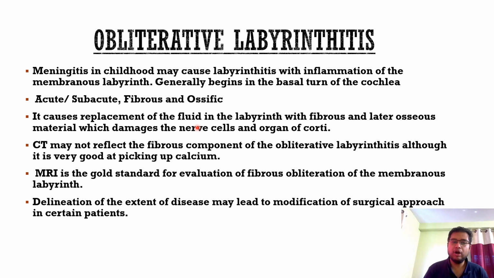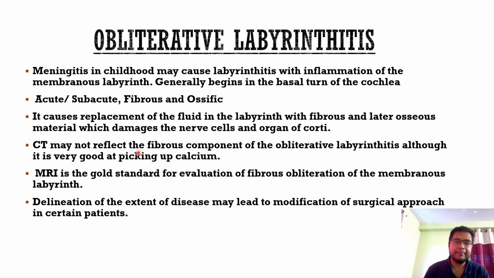The CT may not reflect the fibrous component of the obliterative labyrinthitis, although it is a very good modality to pick up calcium, and hence labyrinthitis ossificans, like our first case, is very easily picked up. So the first modality of investigation is usually HRCT. If it is labyrinthitis ossificans, that will definitely be picked up on HRCT itself.